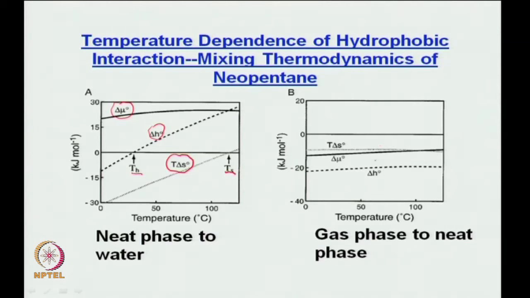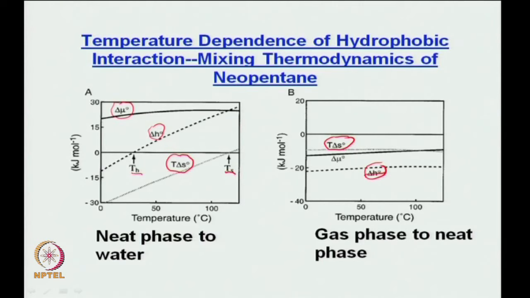But more so, look at the slopes of delta H 0 and T delta S 0. Are the slopes as steep as you had in the left panel? See the slopes of delta H 0 and the slope of T delta S 0.